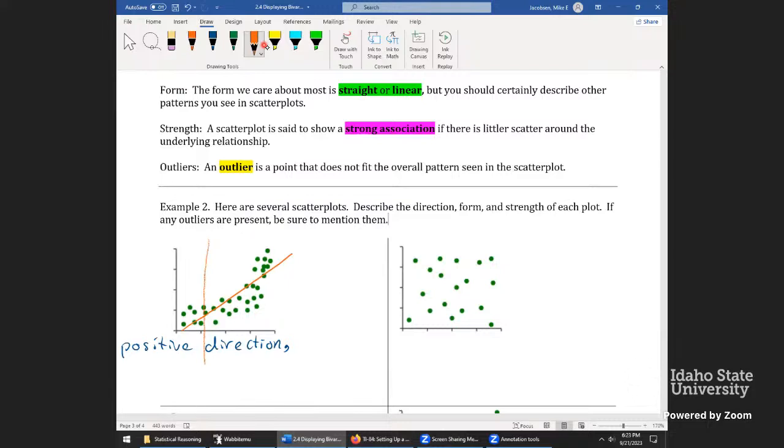Awesome. One thing that happens though is no matter where you put that line, there's a problem. Say, for example, if we broke it up into regions, in this section, the dots are primarily above the line. In this region, the dots are primarily below the line. Here it's a little bit better. It looks a little bit balanced. But if you notice that there's some bias of where the dots are, no matter how you place your line, then the form is not straight.